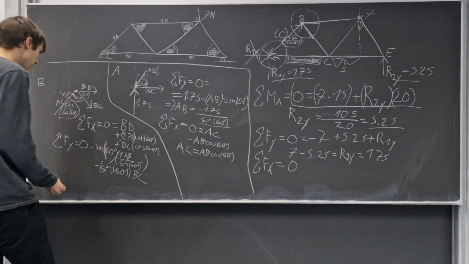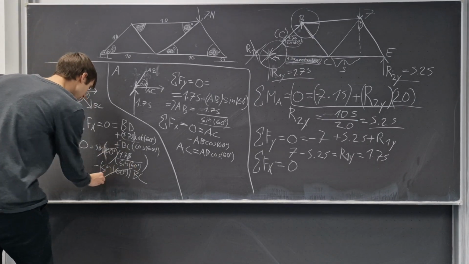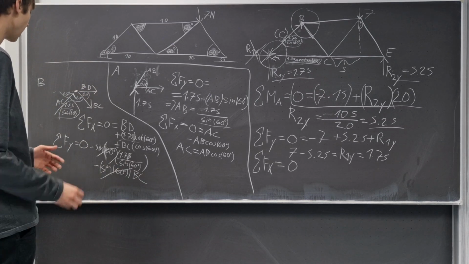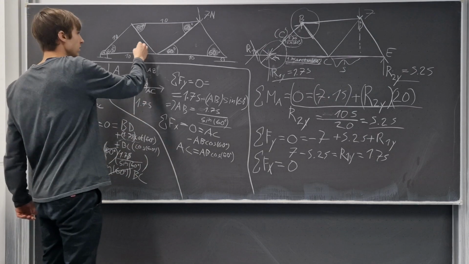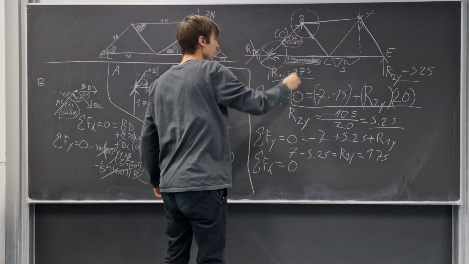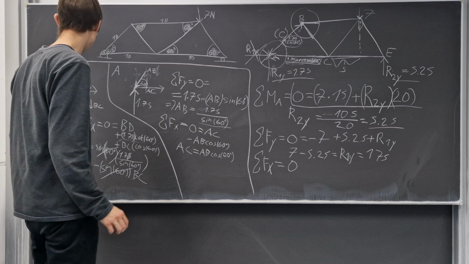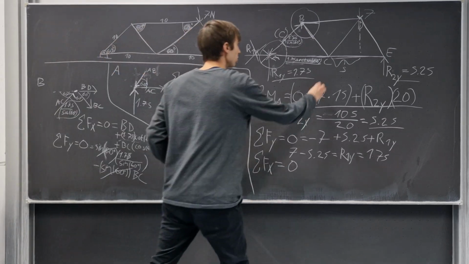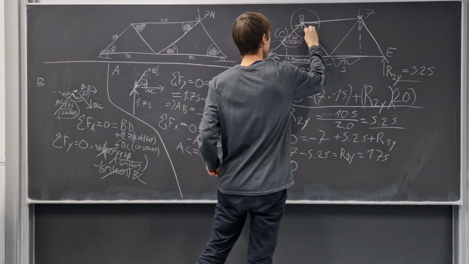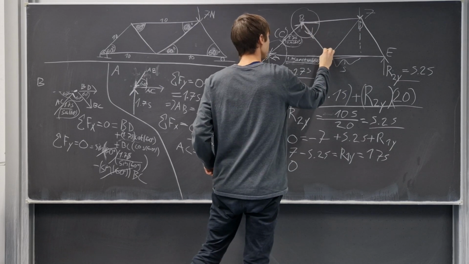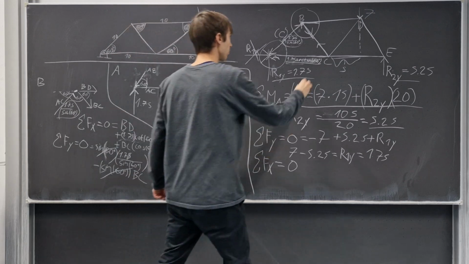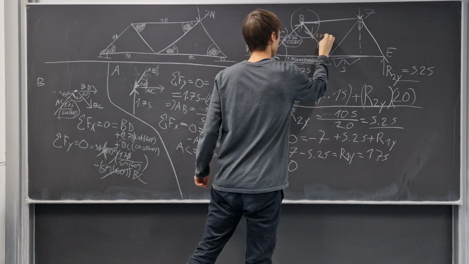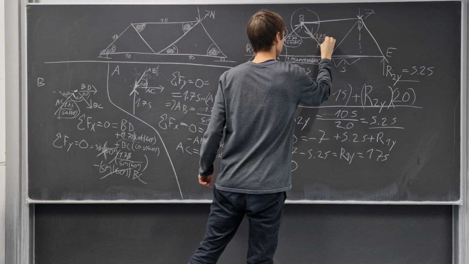What we can do is cancel these things, and we see that BC directly equals AC. We know that the direction of BC was guessed right because nothing went negative. So the direction should be like this, away from the joint, and here also away from the joint. And it should be 1.75 over sine 60.